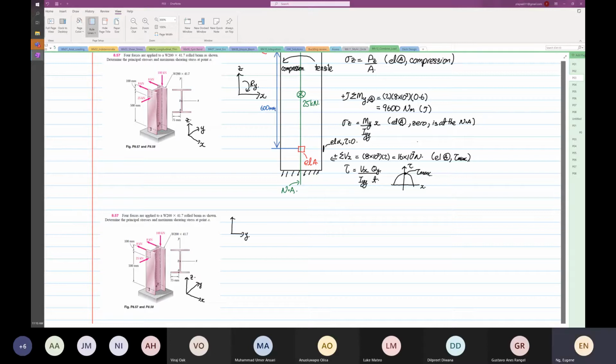So this is Y, and this is Z, and then I'm going to use right hand rule, rotation in the X. Then I'm going to draw the beam, and now I can see two lines.